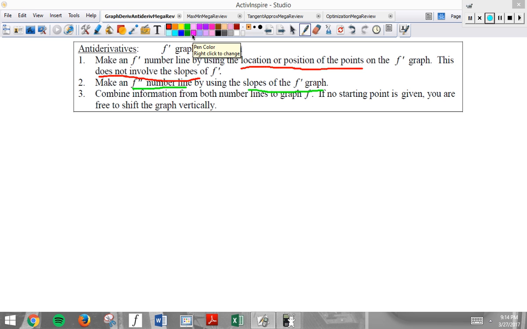So, the idea here is that for f prime, a box will now mean an x-intercept, right? Because that's where it came from. I'm going to put a blue circle around rel max min.